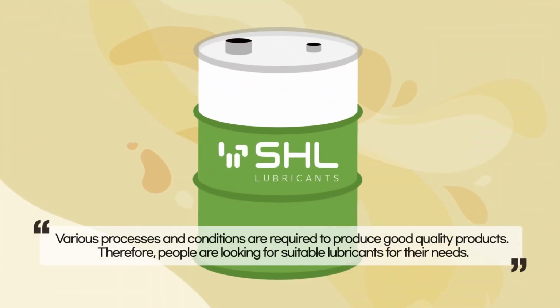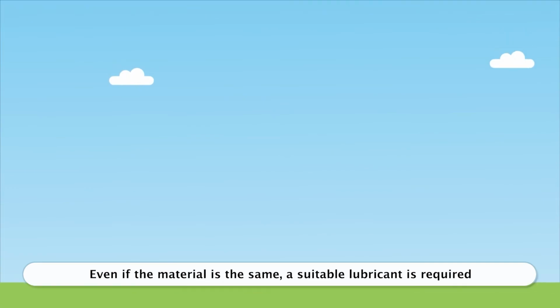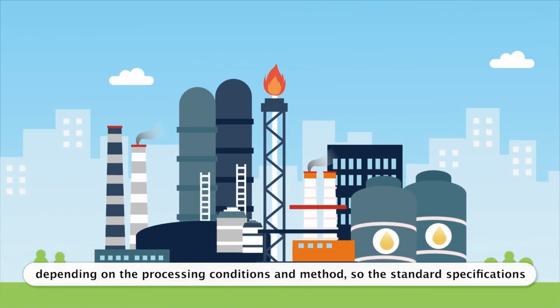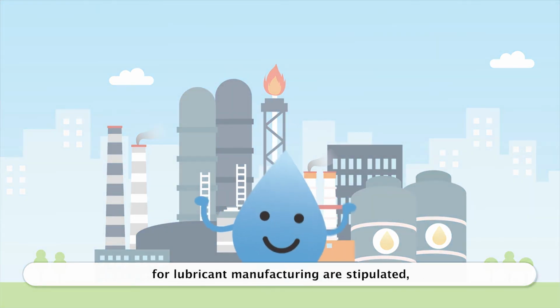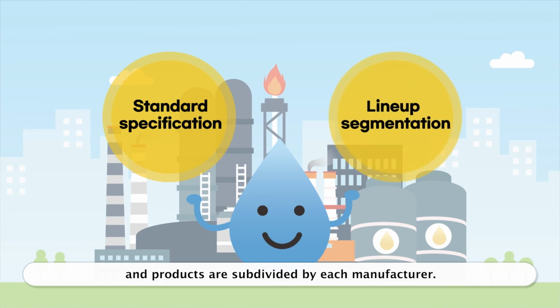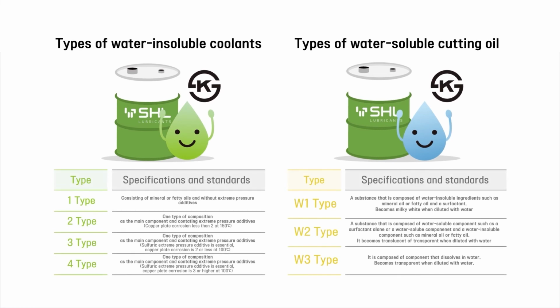What are the conditions for lubricants that people are looking for? Even if the material is the same, a suitable lubricant is required depending on the processing conditions and method, so the standard specifications for lubricant manufacturing are stipulated, and products are subdivided by each manufacturer. First of all, lubricants have KS standards for each oil type, and after screening, they can obtain KS marks by obtaining certification.